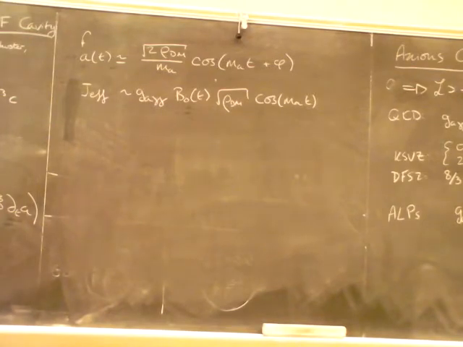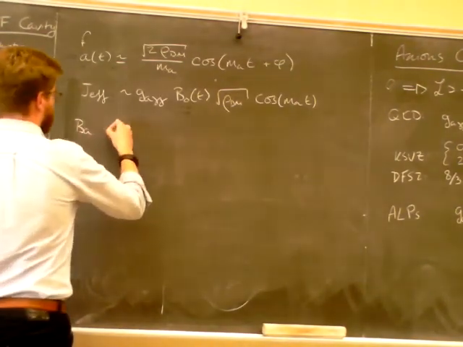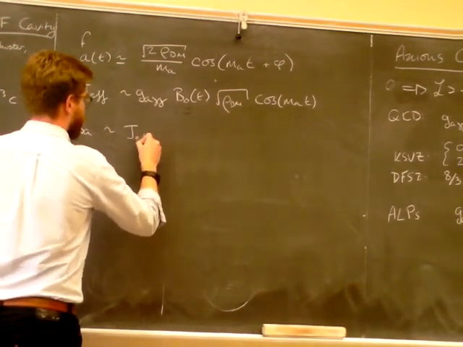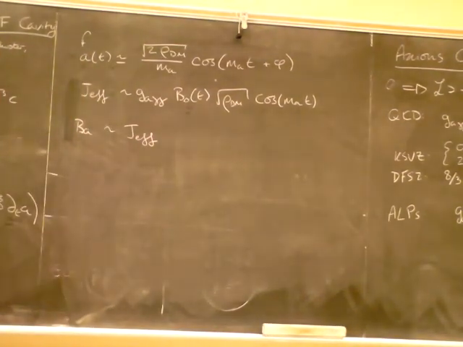So, we're of course familiar with the idea that currents source magnetic fields, and that up to other factors, my axion-induced magnetic field will be proportional to the effective current that is sourcing it.